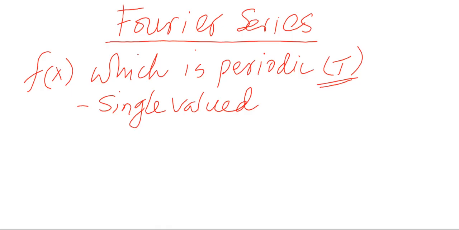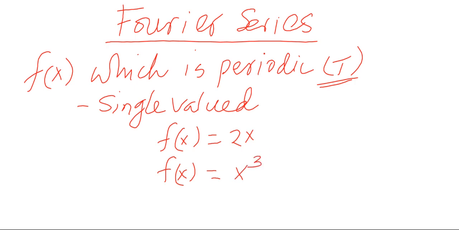So there are those functions like f of x equals say 2x, f of x equals x raised to power 3, and so on. So whenever you feed an input to this, say x equals 3, you get the output 2 times 3, which is 6.